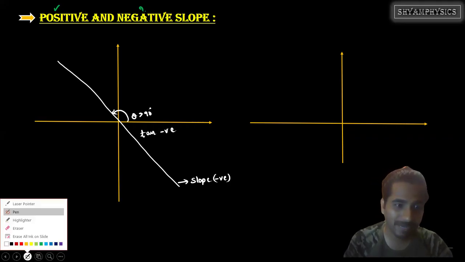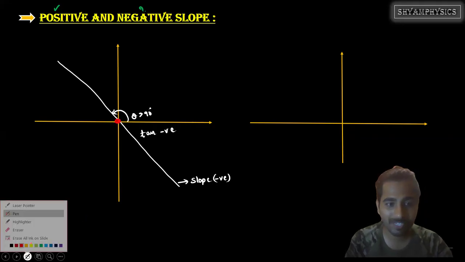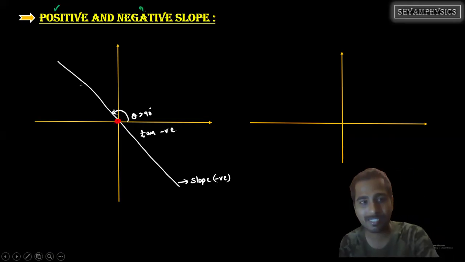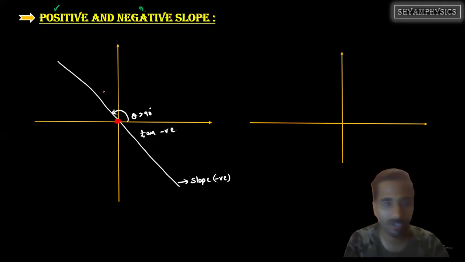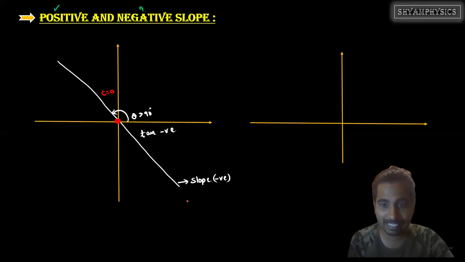Okay, and it is passing through the origin. If it is passing through the origin, it means the C value, the intercept for this line, is equal to 0. Now we need to write the straight line equation for this graph. How to write the straight line equation?